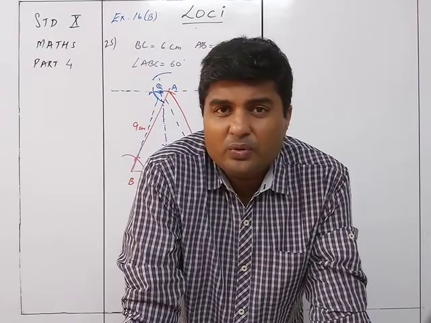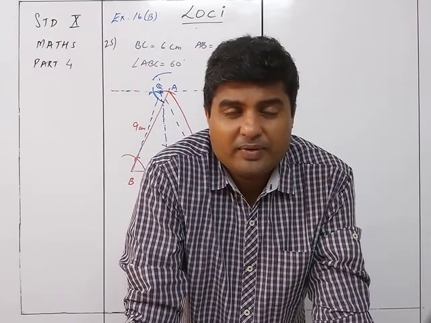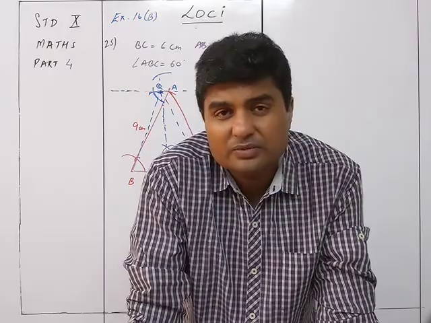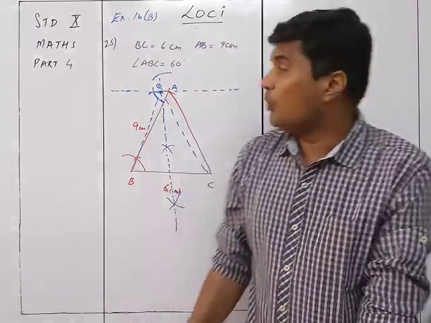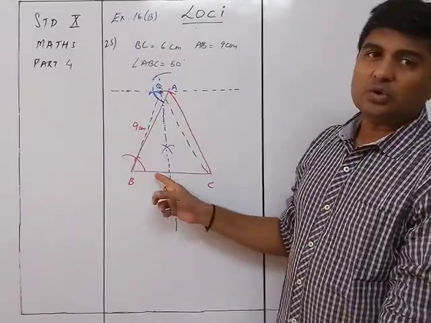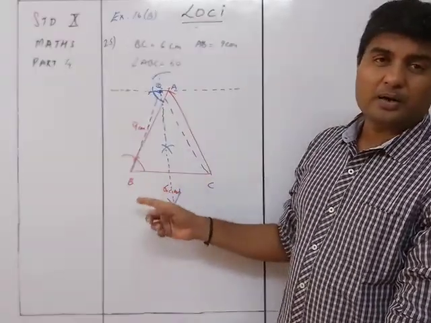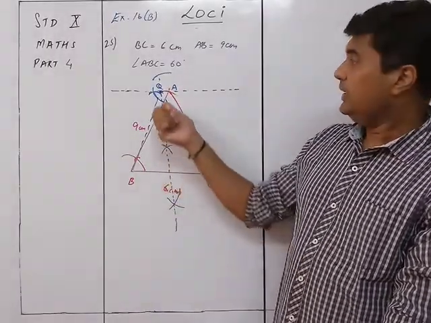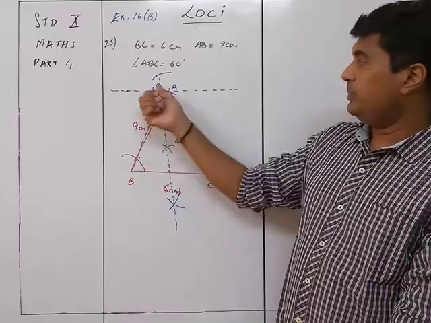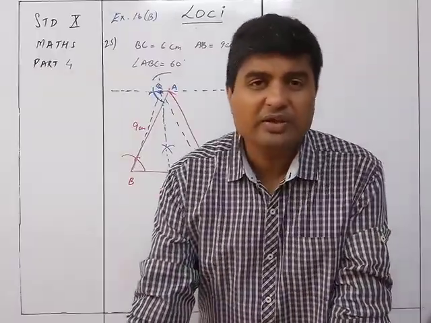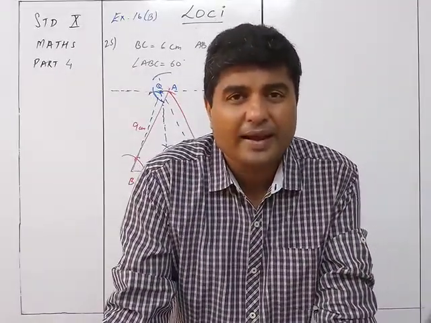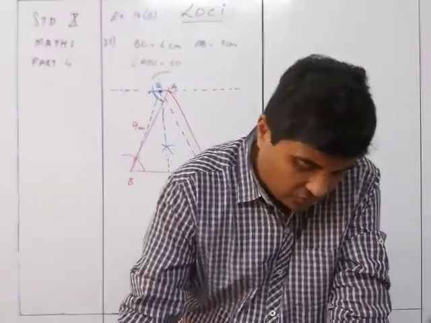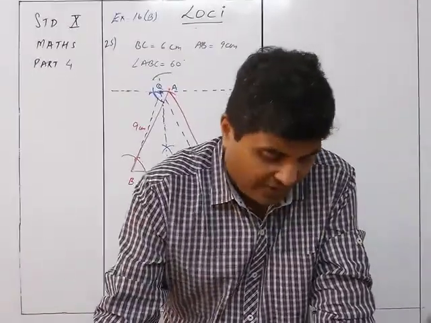And then, when you are drawing an isosceles triangle, if you drop a perpendicular from the vertex, it will be the midpoint over here. So accordingly, the perpendicular bisector of BC will give you the point Q on that parallel line to make an isosceles triangle. So that was question number 25.